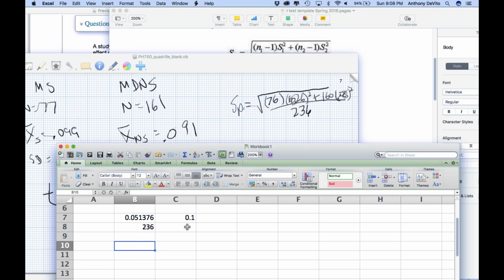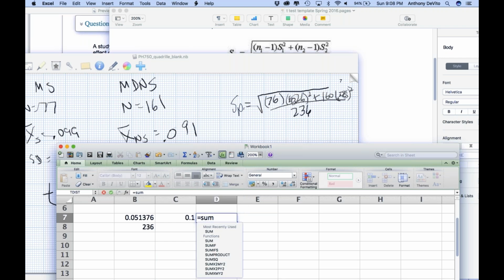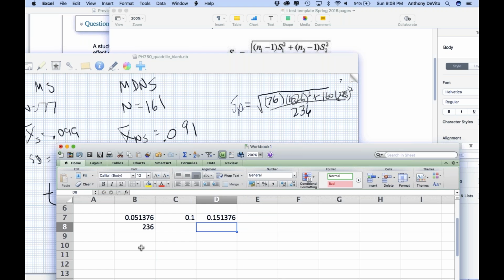Actually, I don't want to assume that, so I'll use a sum in case the formatting is off. Okay, I was safe doing that. Square root, parentheses, of the numerator over the denominator. That's my pooled standard deviation.